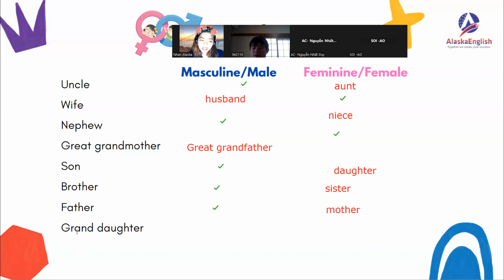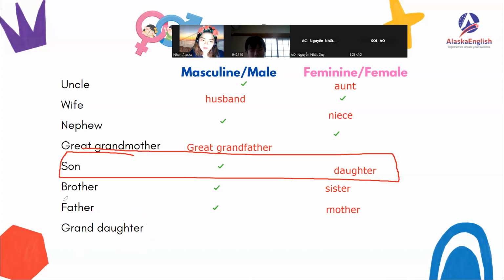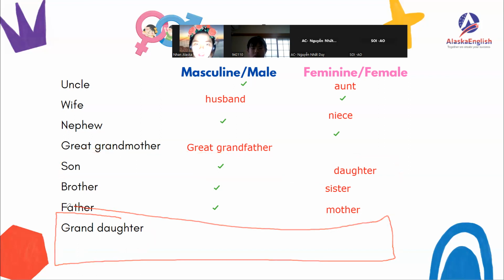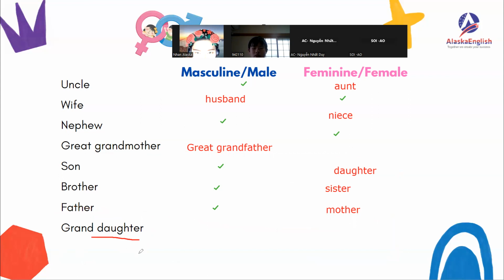How about this? Granddaughter. Is it male or female?